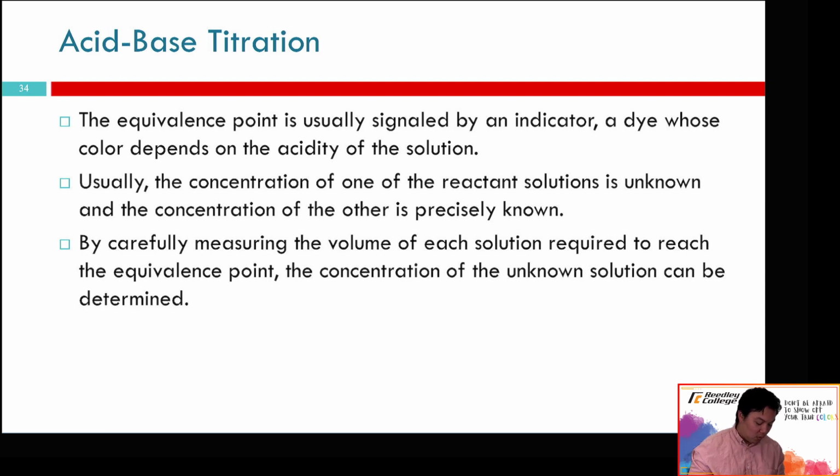Usually the concentration of one of the reactant solutions is unknown, and the concentration of the other is precisely known. By carefully measuring the volume of each solution required to reach the equivalence point, the concentration of the unknown solution can be determined.